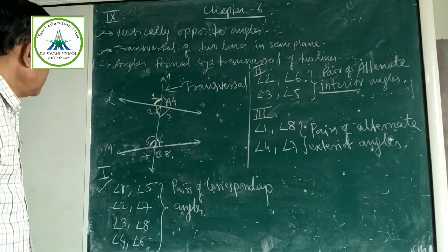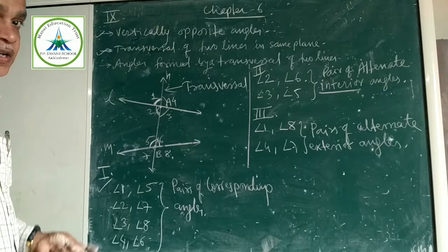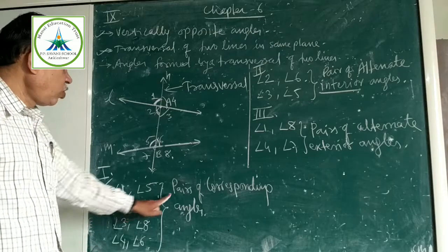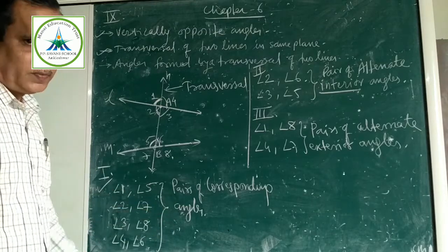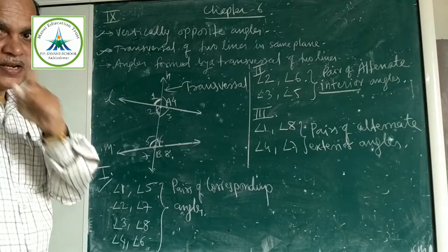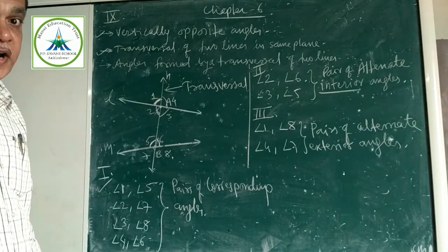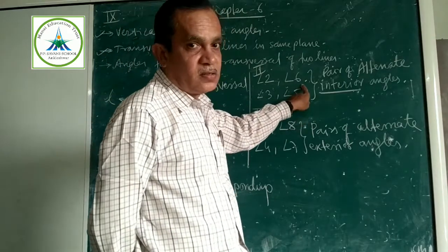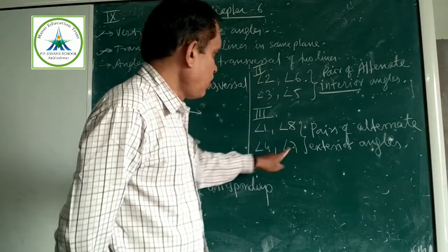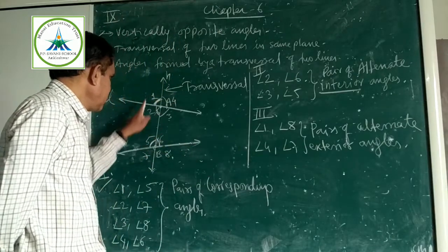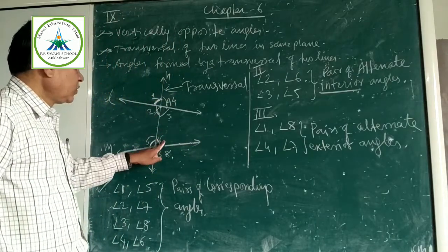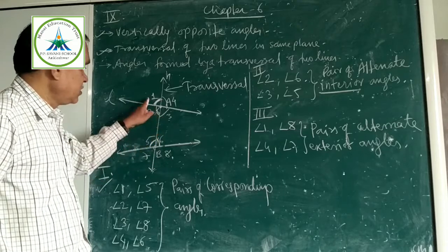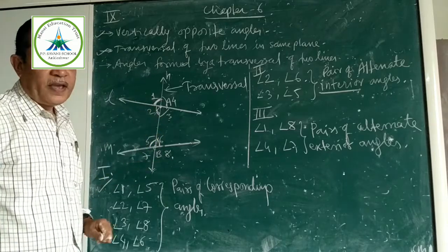Now see, from this diagram we could notice pairs of corresponding angles. After drawing, I will take your test now. Ready? Yes. Pairs of alternate interior angles. Pairs of alternate exterior angles. Interior angles. Exterior angles. Okay.